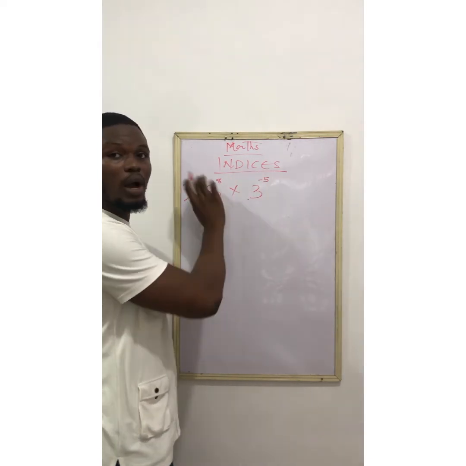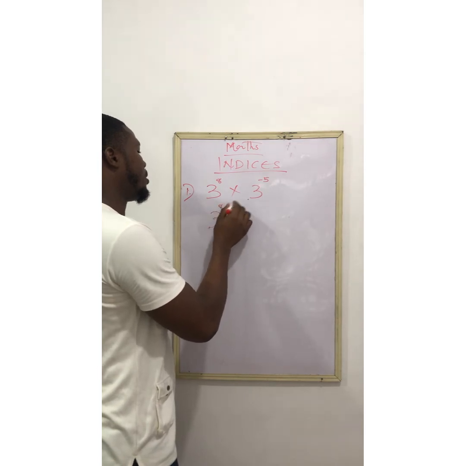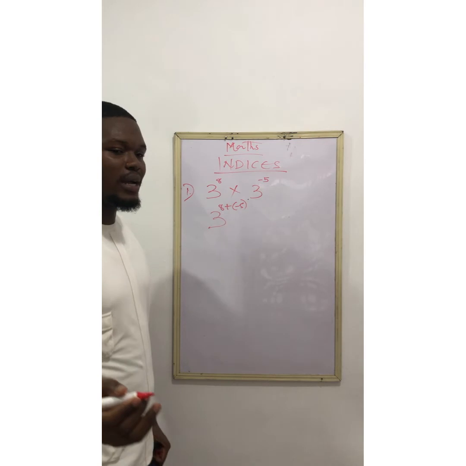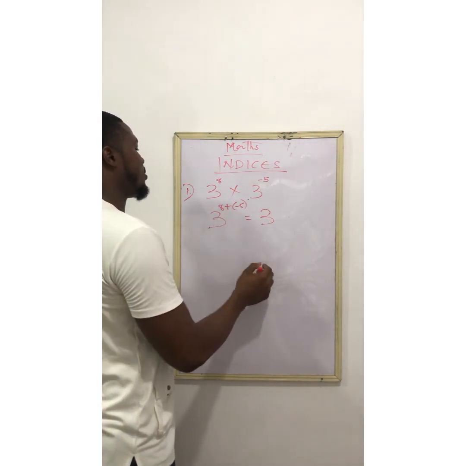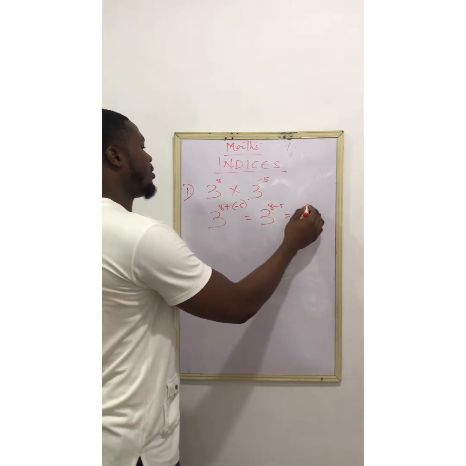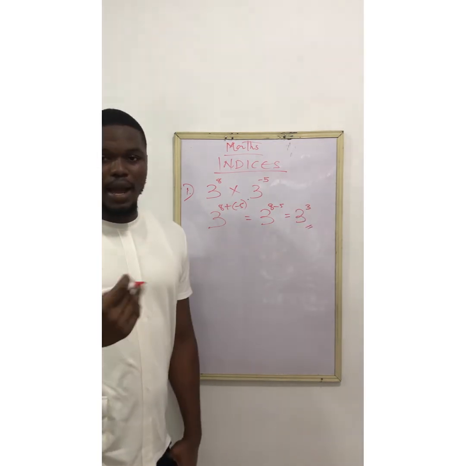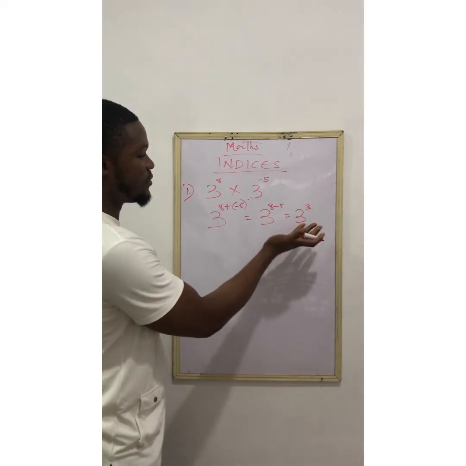So that will give us 3 raised to the power 8 plus minus 5. I put the minus in brackets because there's a sign in front. Plus times minus is minus, so you have 3 raised to the power 8 minus 5, which is 3 raised to the power 3. That will give us 27, depending on how they ask you to leave your number. If you're asked to leave your answer in index form, this is the answer.